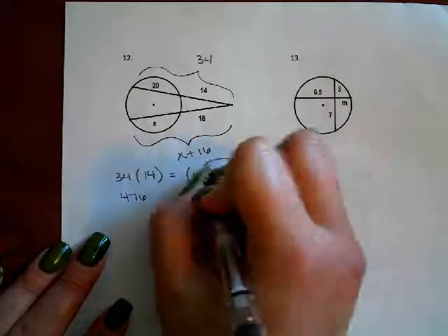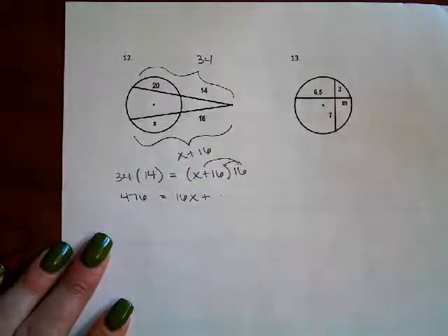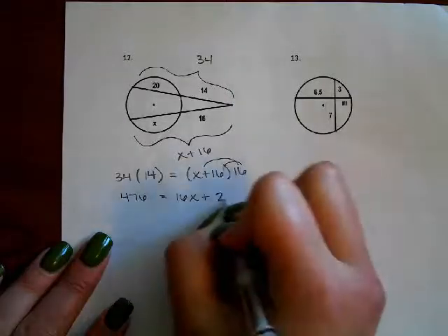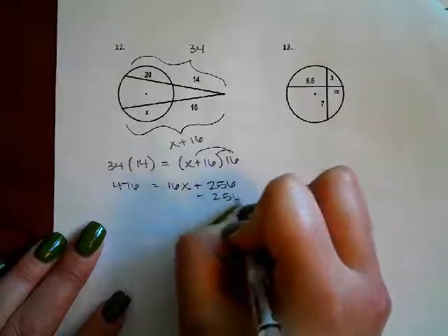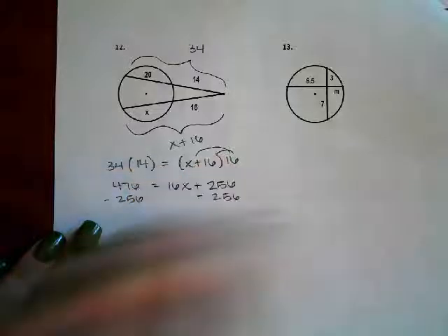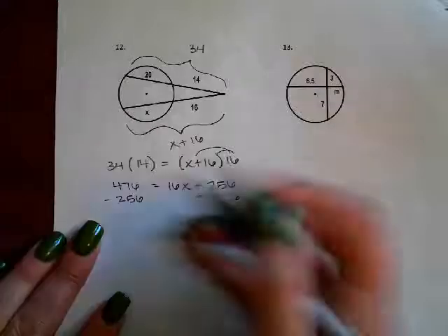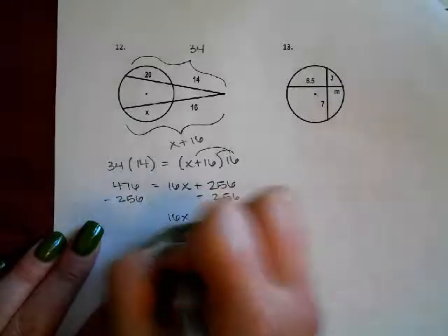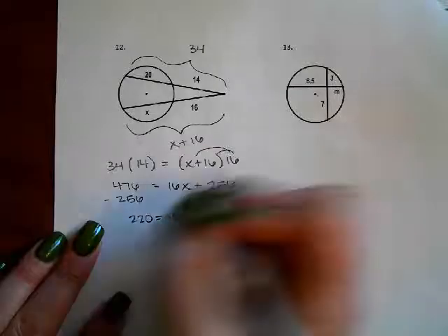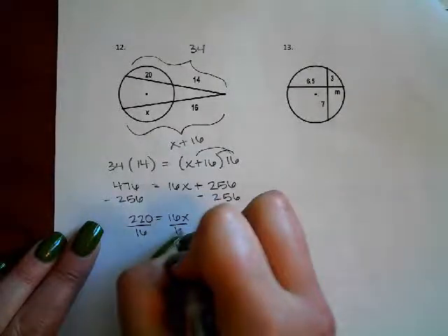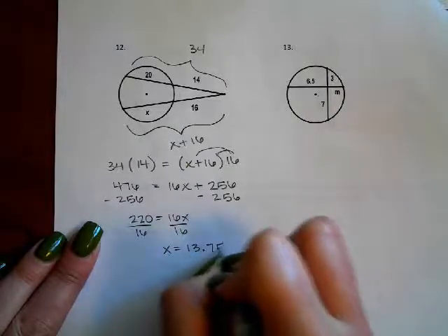Go ahead and distribute the 16: 16x plus 16 times 16, I believe, is 256. We can subtract 256 on each side. So 16x equals 220. And then we'll divide by 16, divide by 16. And so x equals 13.75.